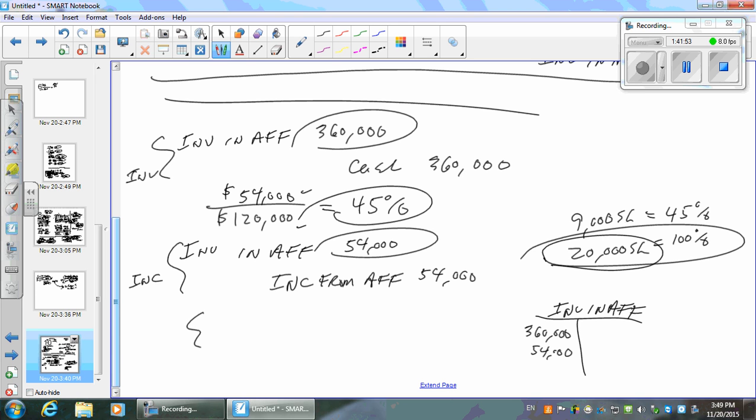And then our share of the dividend. We're paying ourselves a dividend, aren't we? It would be debit cash, wouldn't it? And credit what? Investment in affiliate. True? Is that true? And what was the dividend in total? 18,000. What's our share if we own 45% of the company? 8,100. There we go. So you could have done this one too.